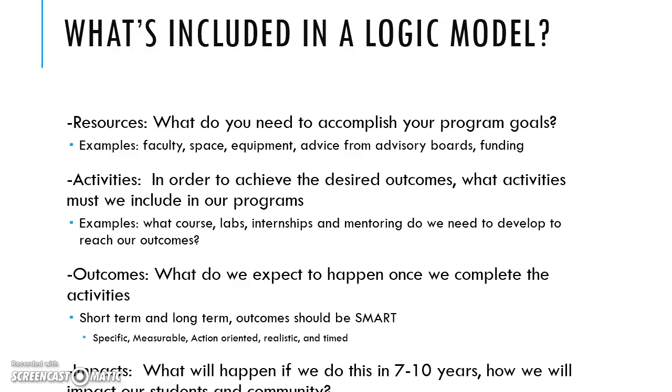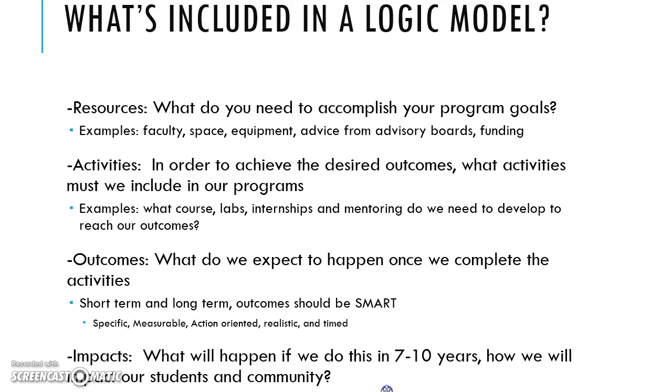And then the impacts on the community are really what your long-term impacts are. So for example, in the state of Colorado, 90% of the first responders are trained by community colleges. So that's a huge impact that the community college EMS programs and first responder programs have had on our community.